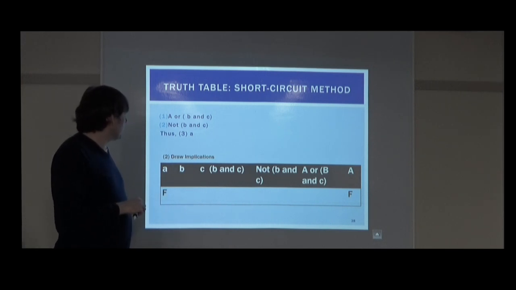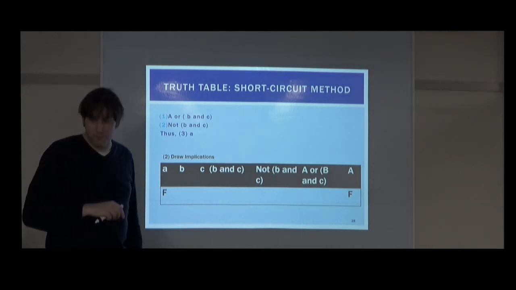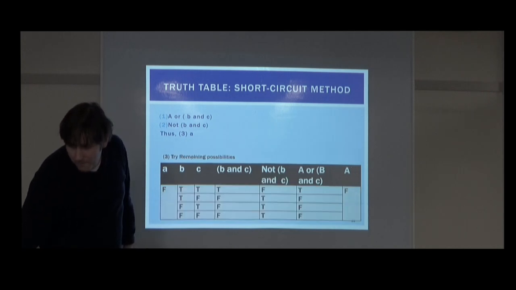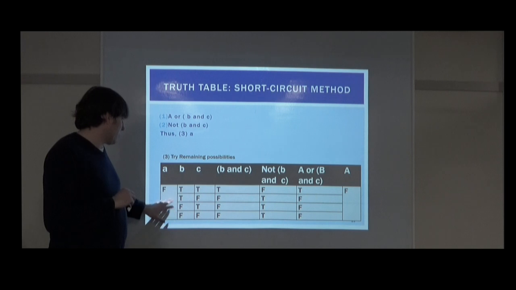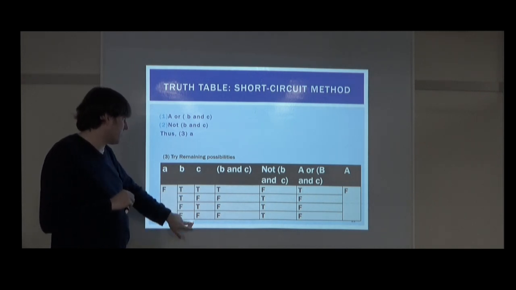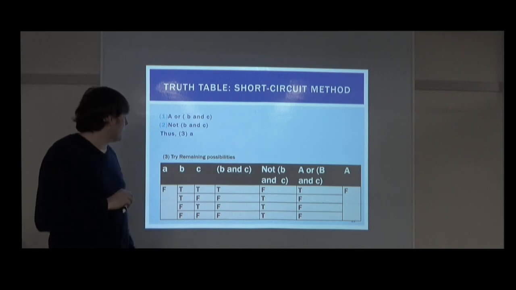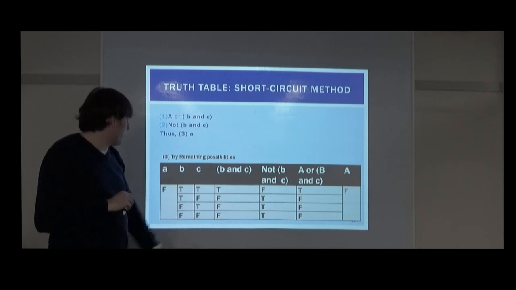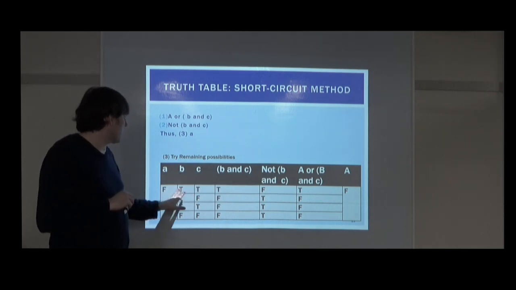Alright, but if we've done that, now we need to figure out what we have to do to make our premises true. So we're going to have to make a little bit bigger of a truth table. So let's look at all of the possibilities. So we already know this is false. So then we've got B either true or false, C true or false. If we do that, B and C is only true when both of those are true. And then A is false.